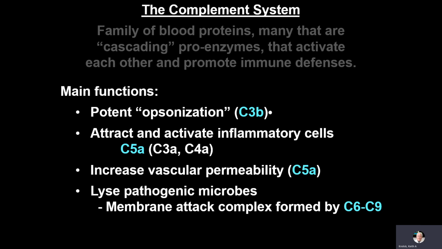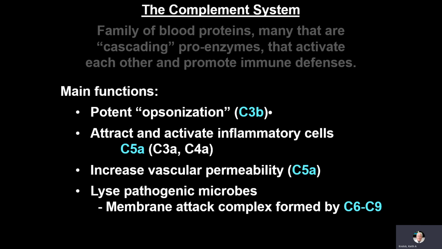So C3b will enhance phagocytosis of that bacterial cell. C5a will help leukocytes get out of the bloodstream in order to interact with that bacterial cell. And then C6 through 9 will form what they call the membrane attack complex, which is a pore-forming complex that allows water to rush in and other things that shouldn't leak out to leak out.